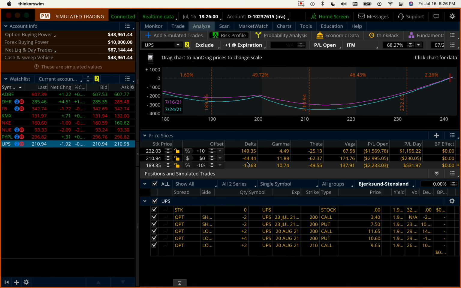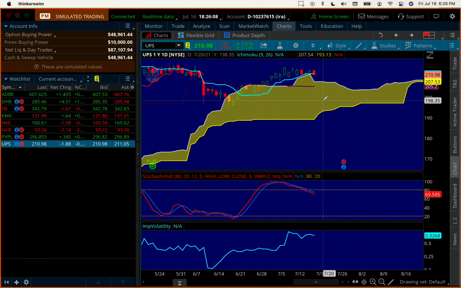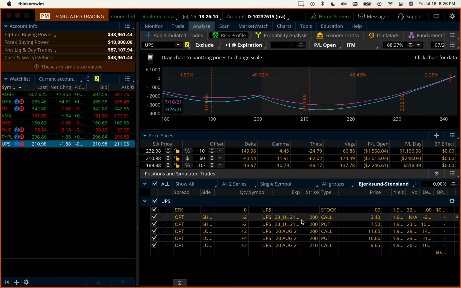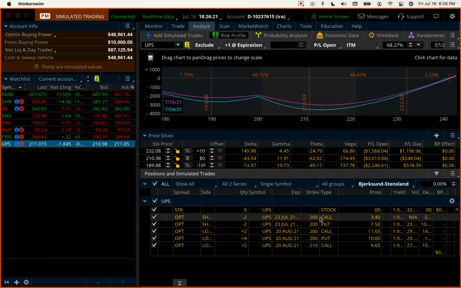So here again we're delta neutral, actually negative. All right, let's take a look at a chart. It looks like UPS is about to go down. These are expiring next week. We can roll them over. Let's roll the call side and leave the put alone, and then we do the put next week. The reason being, I want to neutralize my deltas a little bit.